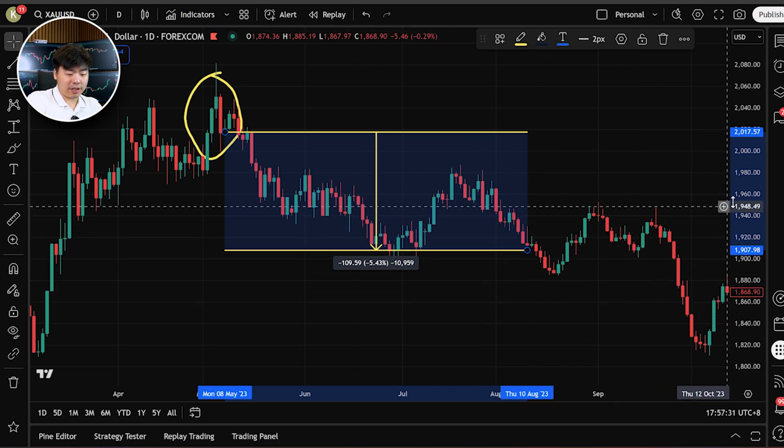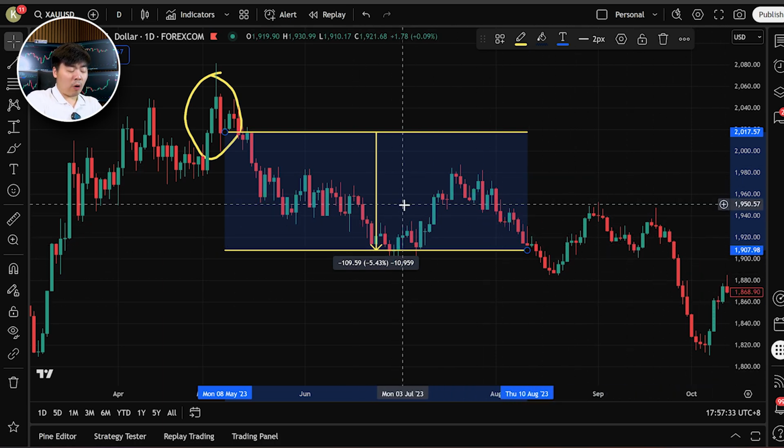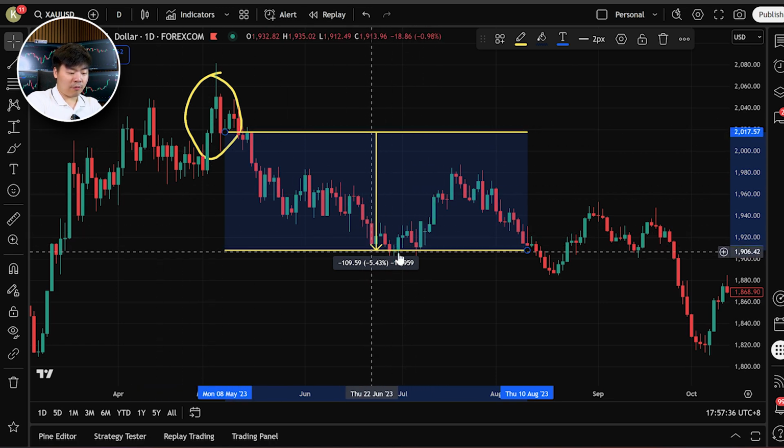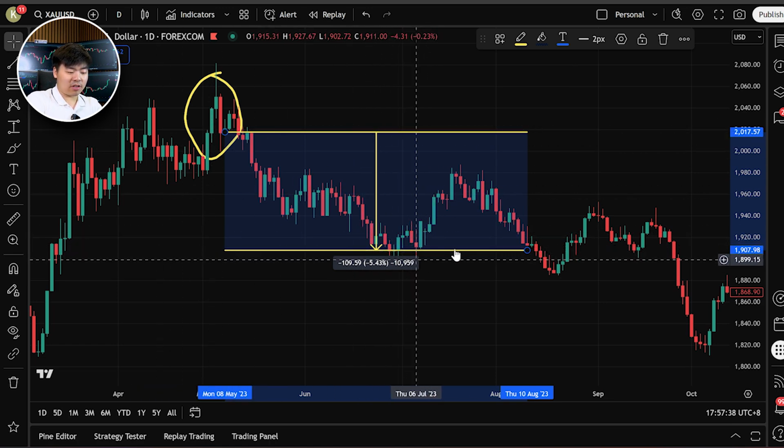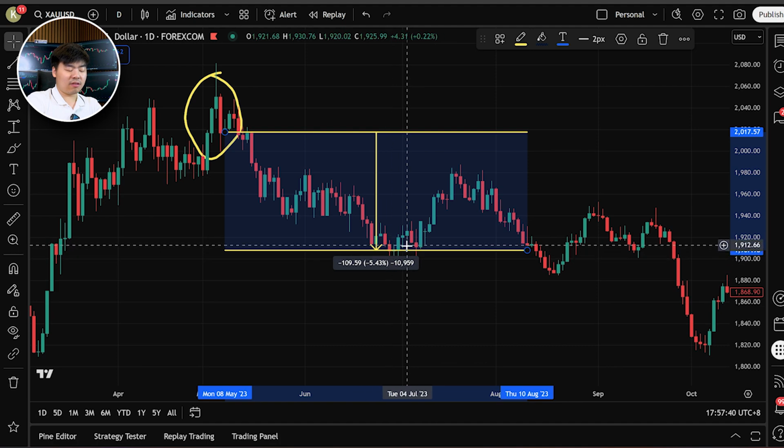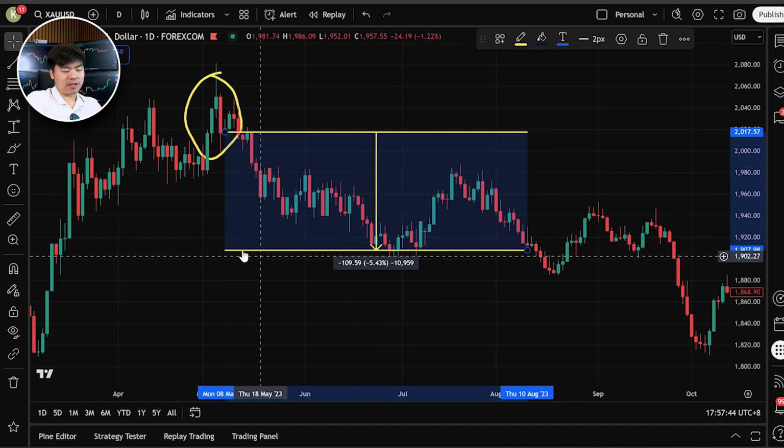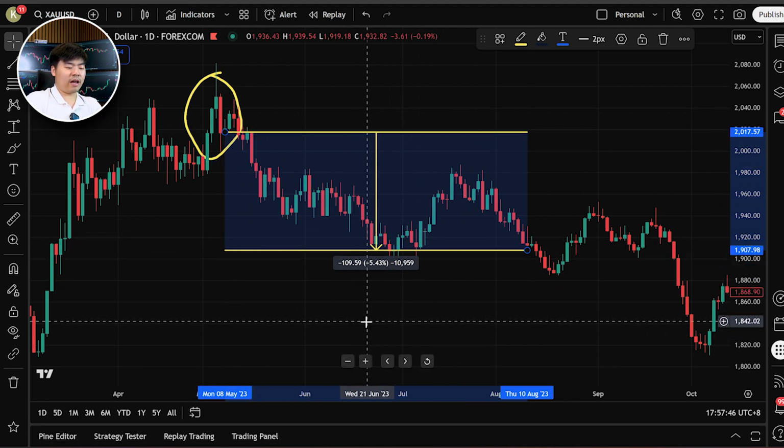It means with one lot of sell position, you could have made $10,000 of profit. Insane. Just from this slight bearish downtrend.